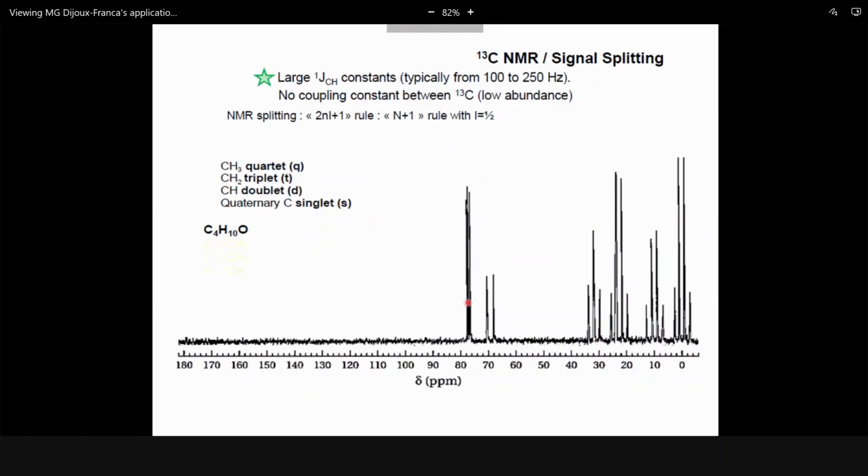So now you have to understand that at the beginning, if we don't ask the computer to change the way the spectrum is, we should see something like that. That means that if a carbon is close to a proton, we should see a coupling between a proton and a carbon-13.